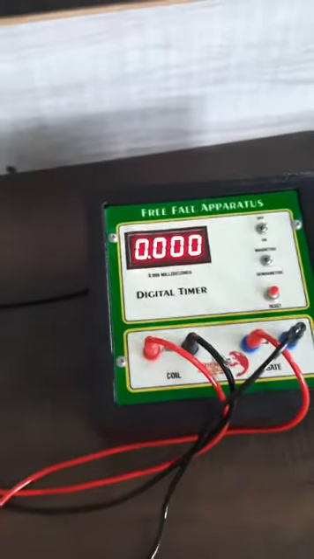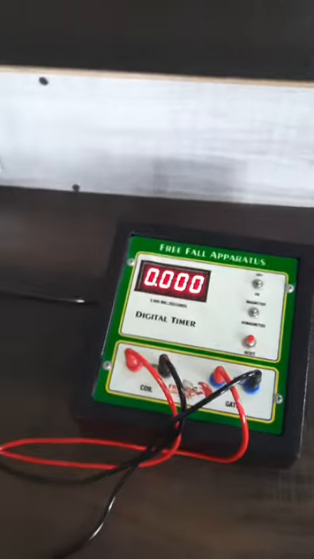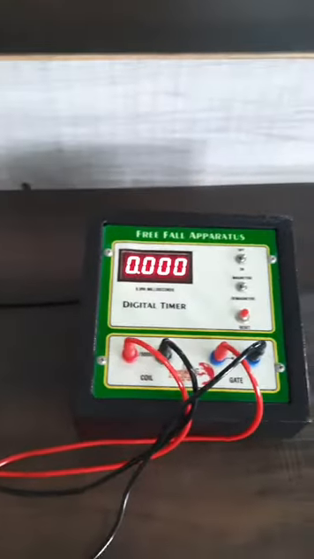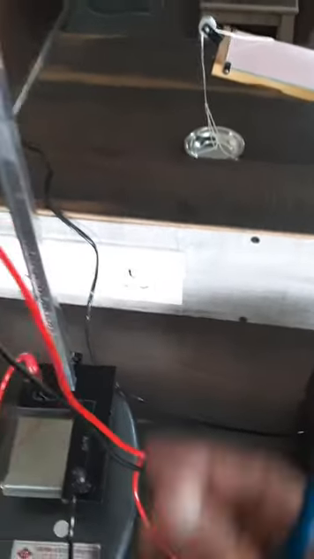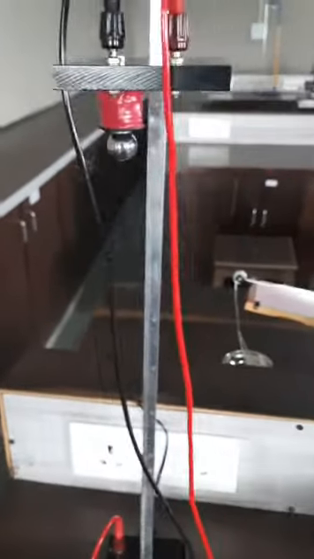Before that we may understand and note down some of the observations that we need to determine. Simply we are going to place this body, as we will keep this coil magnetized. Now it will be attached to this system.